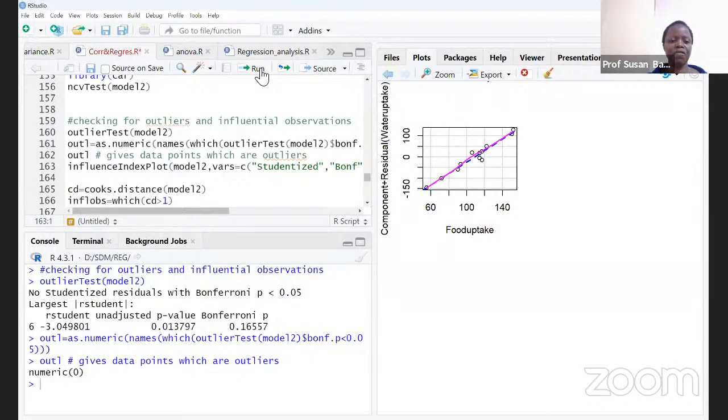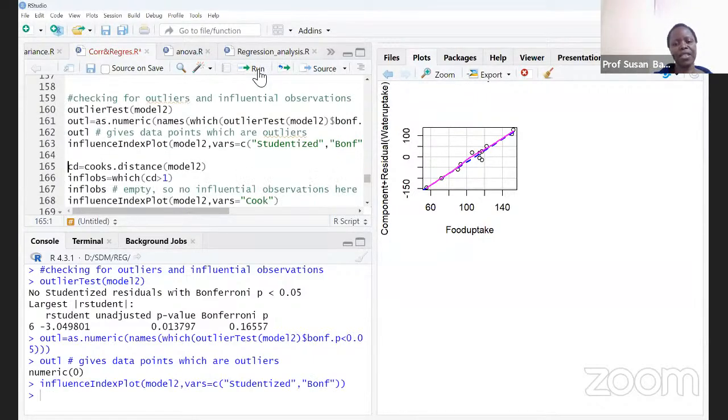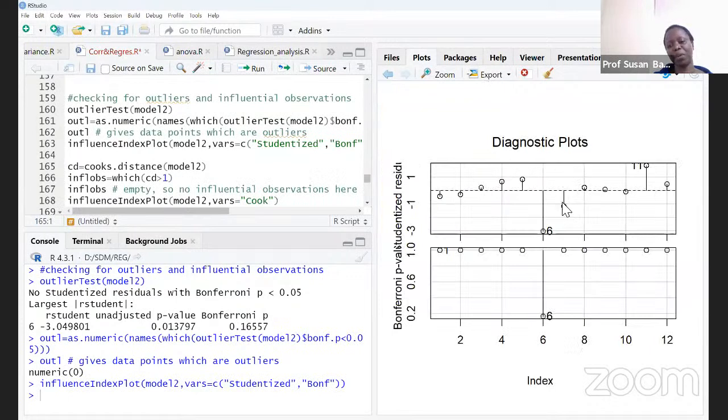Then to indicate the influential values, we use line 163. If you run it, it gives you the diagnostic plots. You can see that it has the Bonferroni p-value here and the index. All the observations here are indicated. You see that number 6 here appears like it's an outlier, but it's not. We've already tested. And is it an influential observation?